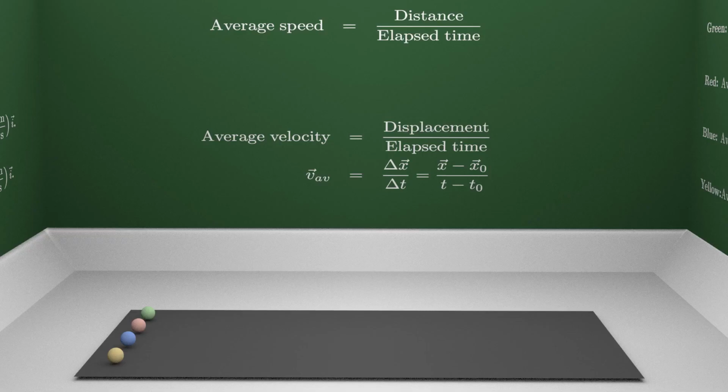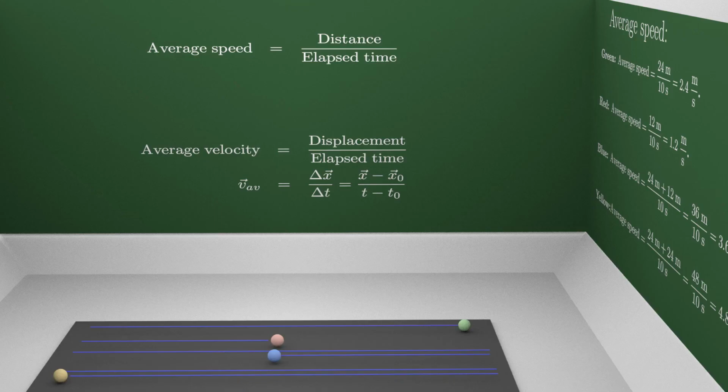That's the rule. However, in order to fully describe the motion of a particle, it is necessary to define another quantity called average speed. Unlike average velocity, in the case of average speed, we need to know the distance traveled by a particle.